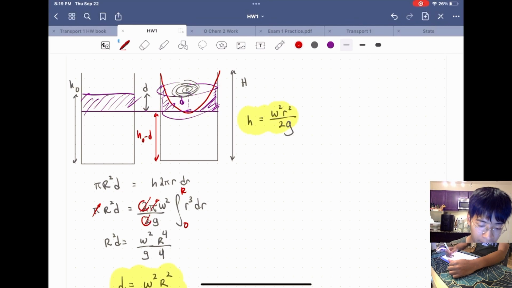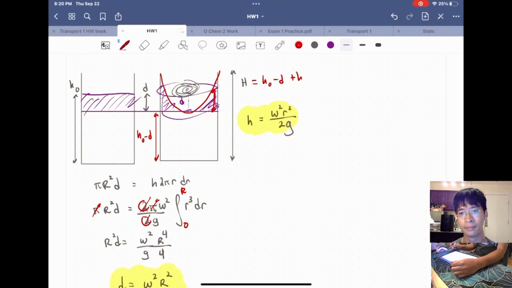Well, therefore, I can call my big H, H naught minus D plus h, right? Because I have h, which is a function of the height of the fluid above the level of depression, dependent on radius and angular velocity. Well, let's plug and chug.